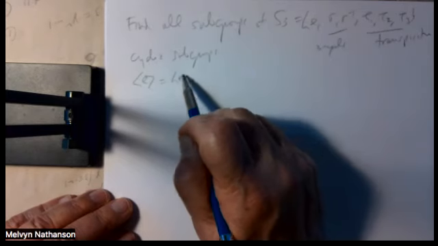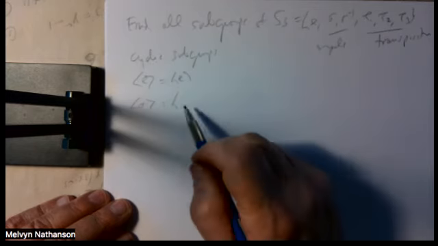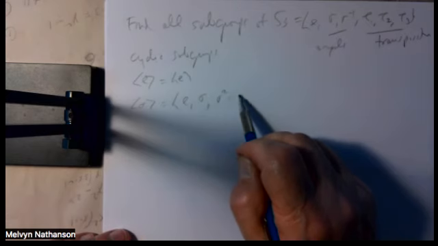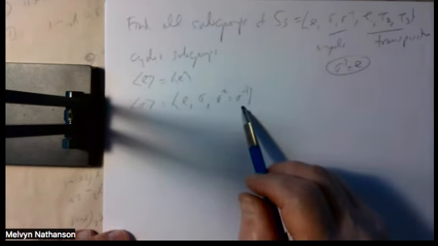The subgroup generated by the identity is just the identity. The subgroup generated by sigma contains e, sigma, sigma squared, which is the same as sigma inverse, and sigma cubed is the identity. So these 3 elements form a subgroup.